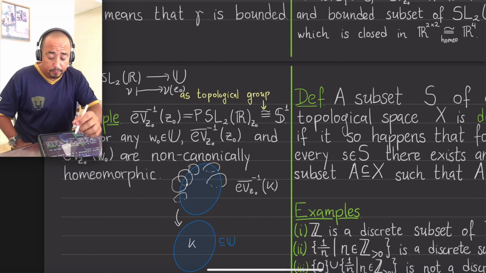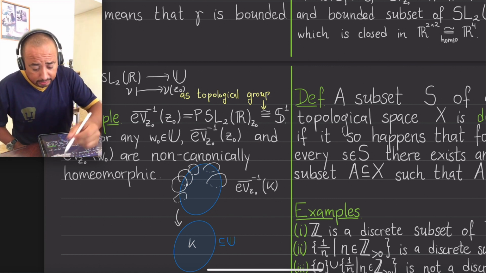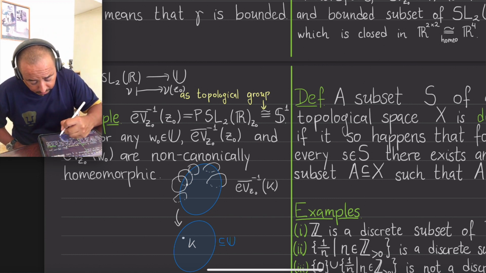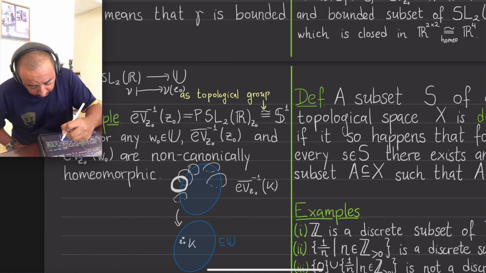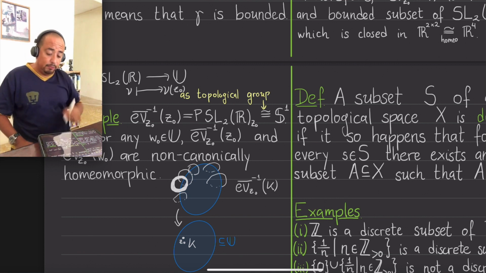But of course, let's say that here is Z naught, and this is the preimage of Z naught, the special one, right? Because Z naught was fixed once and for all.